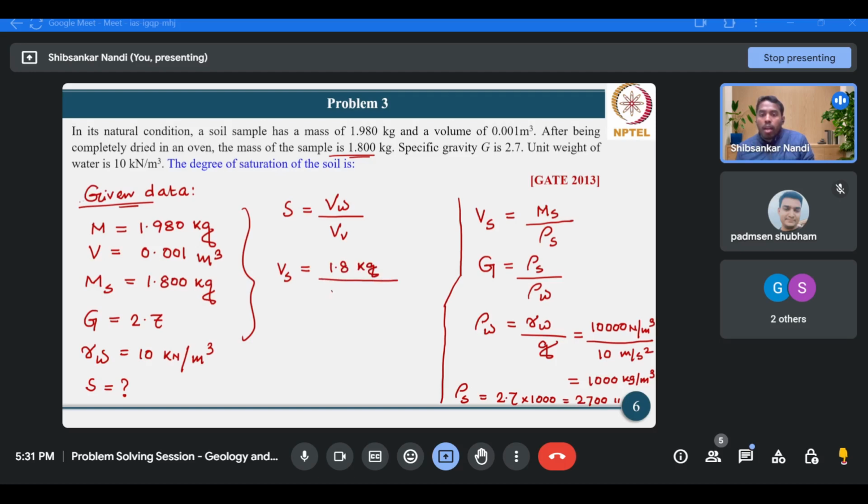And what is the value of rho S? 2700 kg per meter cube. So please calculate and tell me what would be the value of Vs.